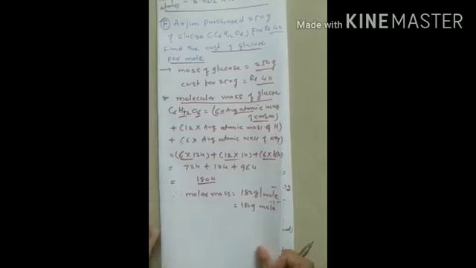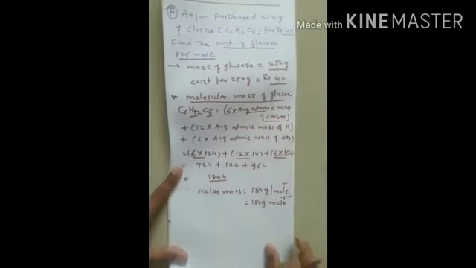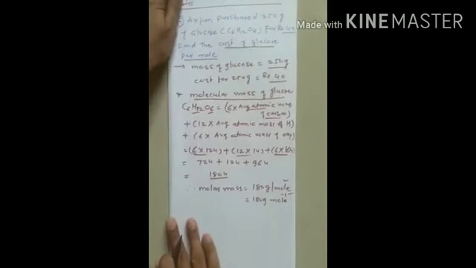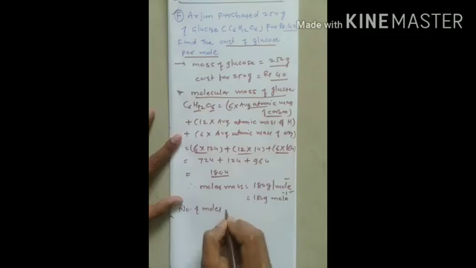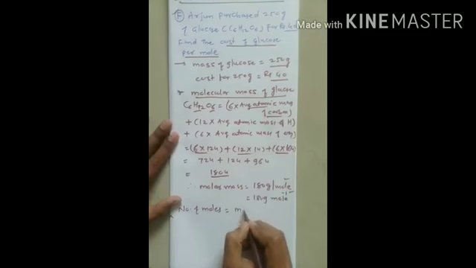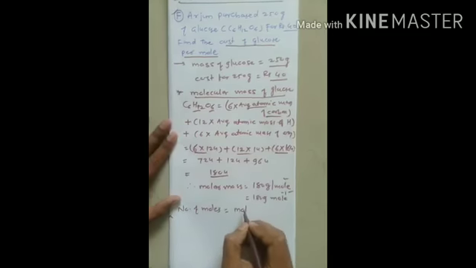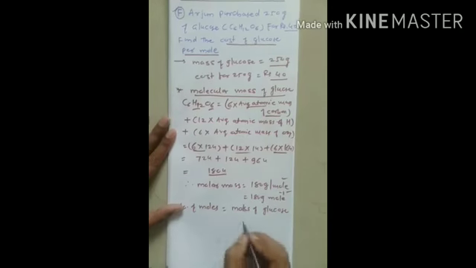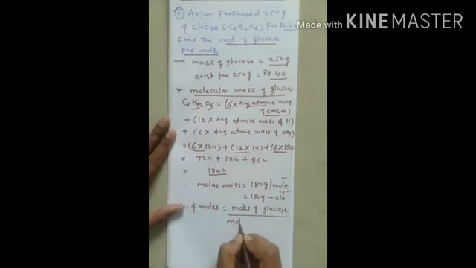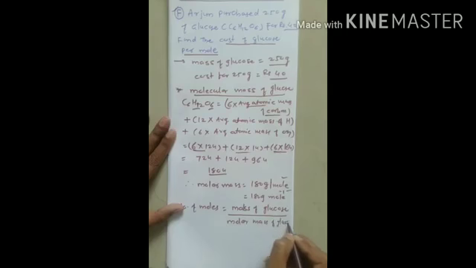After this, once you get the molar mass, you can calculate the number of moles, isn't it? So I am writing here: number of moles equals mass of glucose divided by molar mass of glucose.